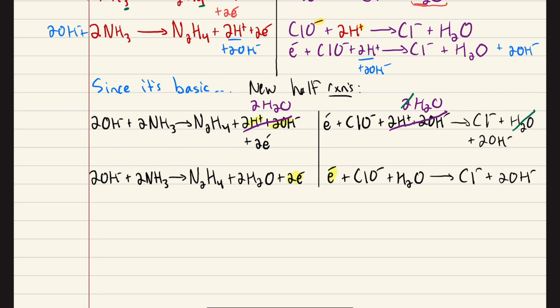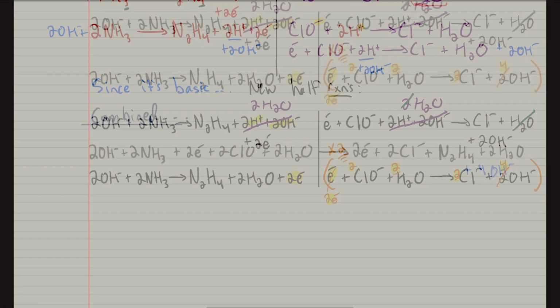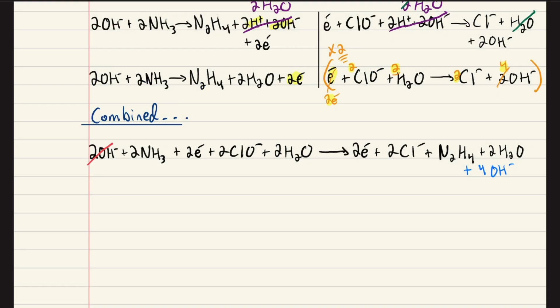And just like with our acidic solutions, we're going to use a lowest common multiple for the amount of electrons in both half reactions so that when we add them together, they cancel out. In this case, that would be 2. So the full combined reaction, when I multiply the half reaction on the right, which is a reduction reaction, by 2, all the coefficients get multiplied by 2.